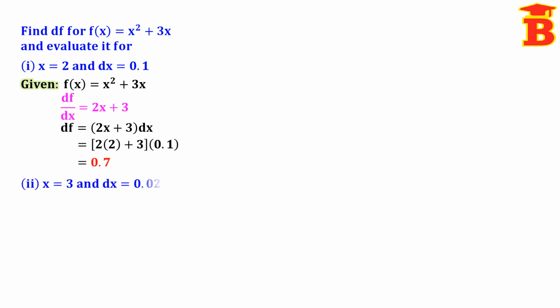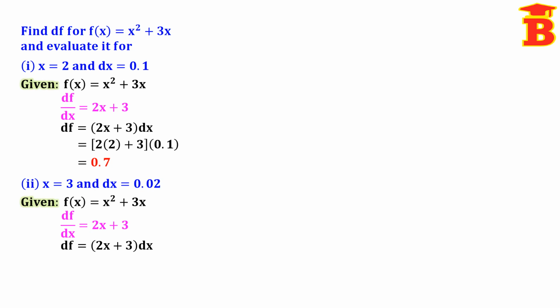Similarly, second subdivision also same problem, values are different. So here also given f of x equal to x square plus 3x and the differentiation also same step, df by dx equal to 2x plus 3. And here also the differential df equal to just cross multiply dx. So we get 2x plus 3 into dx.